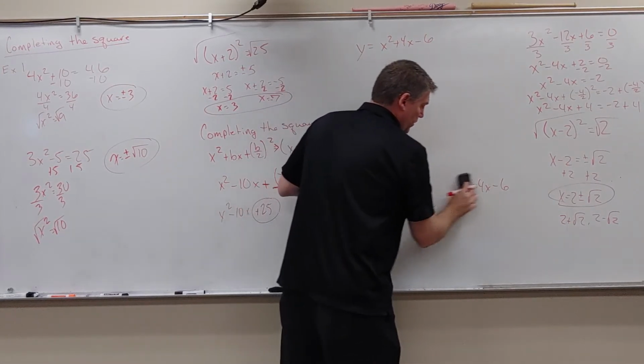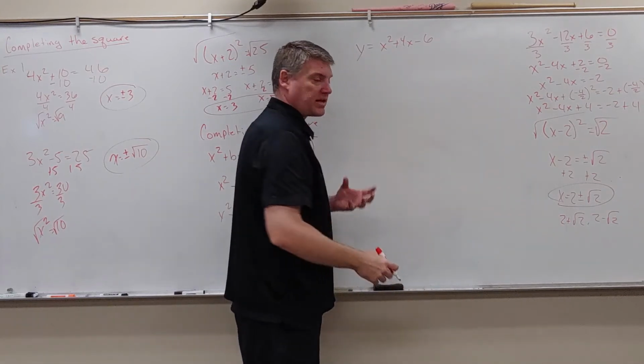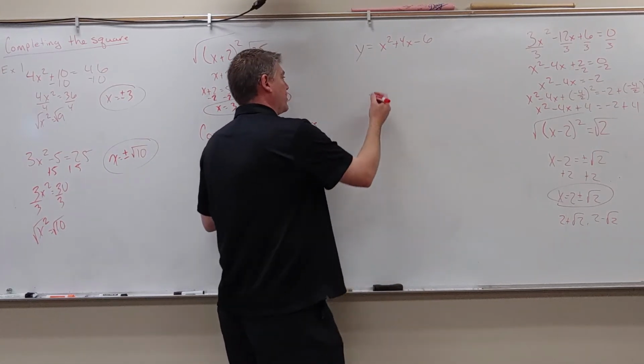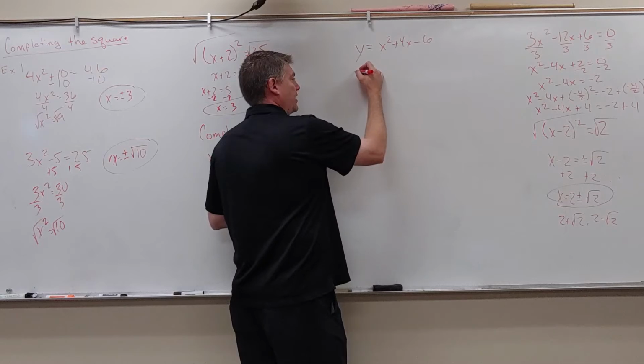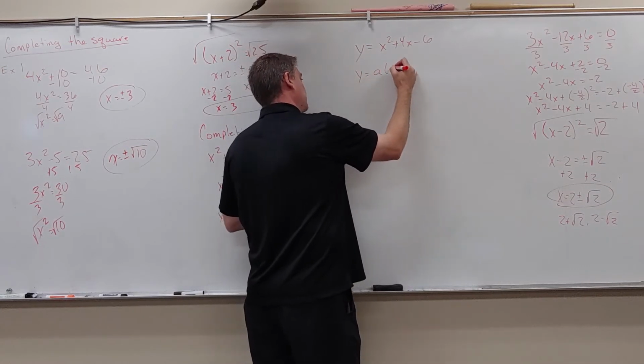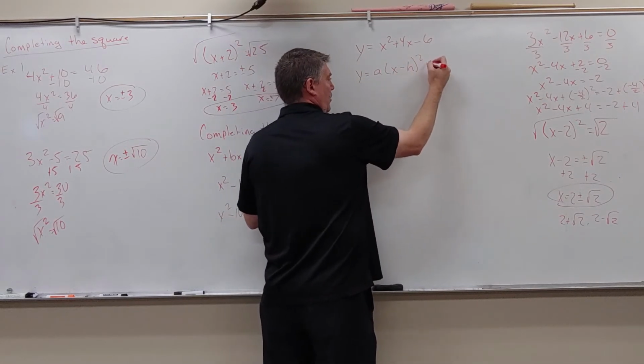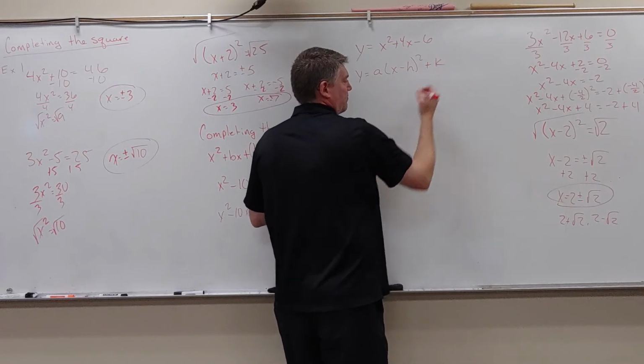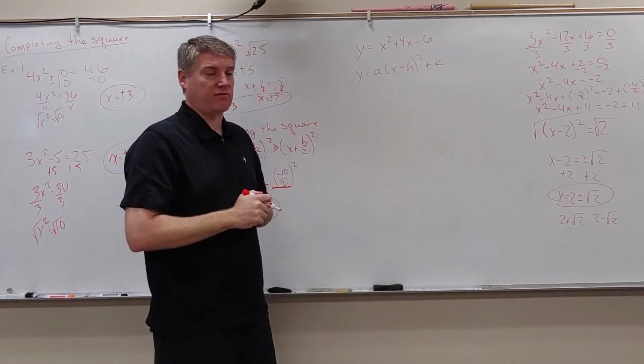If you remember, the vertex form is y equals a times the quantity x minus h, quantity squared, plus k. So that's vertex form.